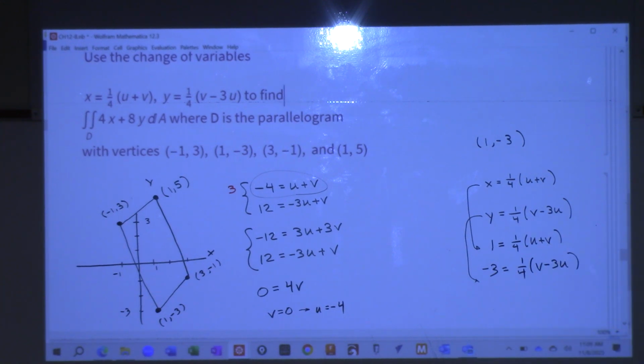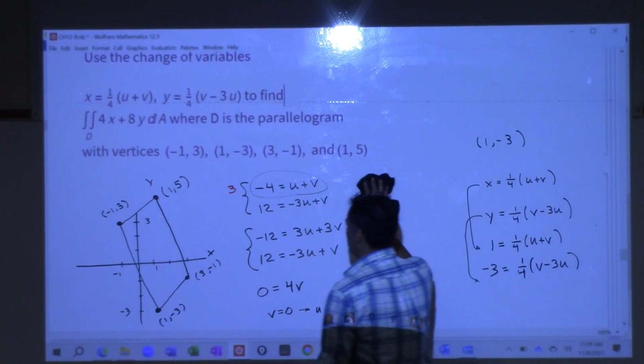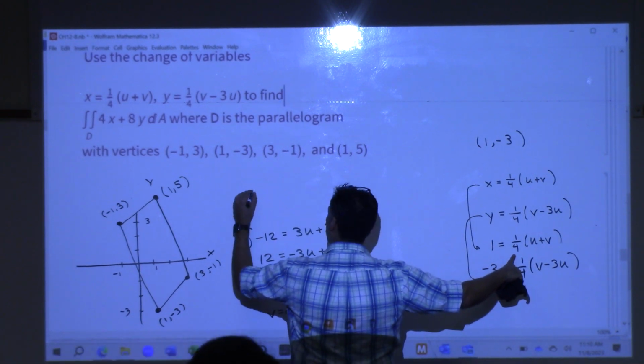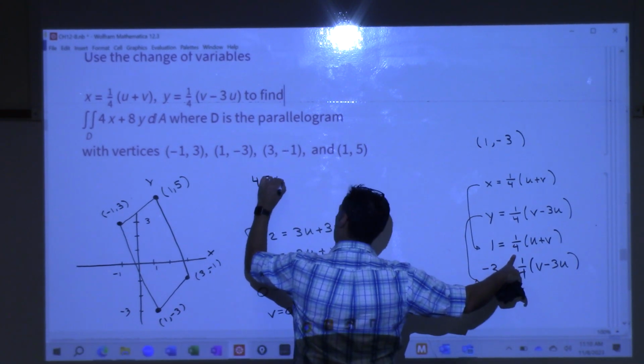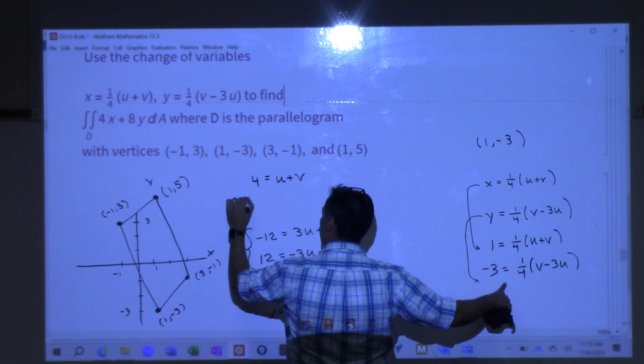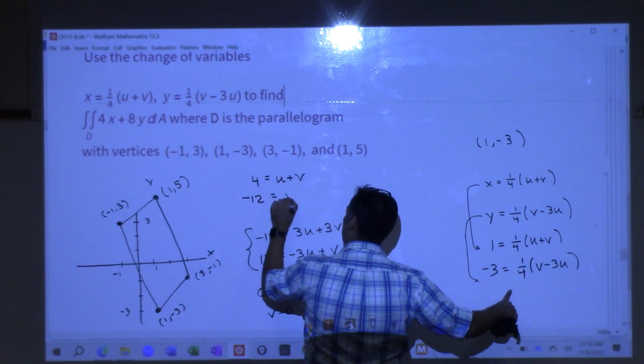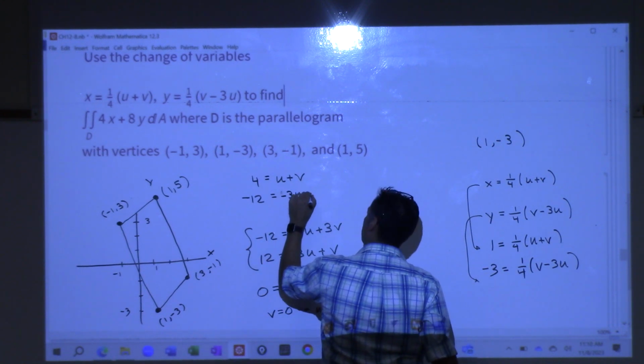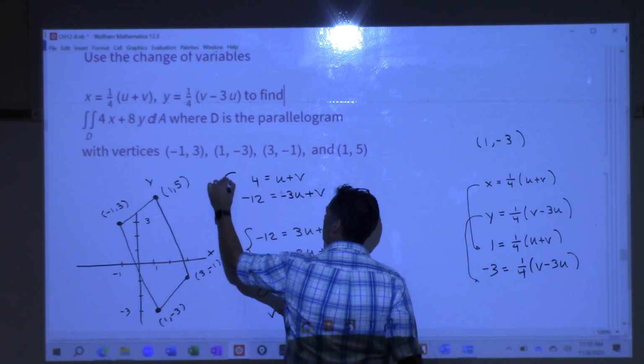Do y'all see I'm just following that same procedure? I'm going to come up with two equations over here. Clearing out the 4 again, you get 4 equals u plus v. And here I get -12 equals, I'll change the order again, -3u plus v. There's my system.